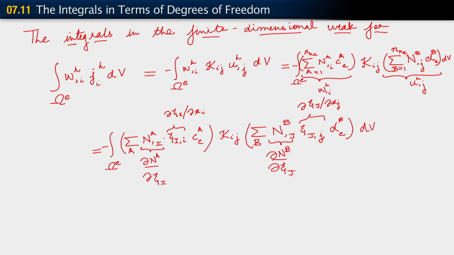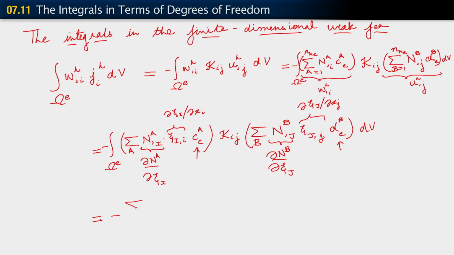Okay. So let's move on, and actually let's make our expression here a little simpler by observing that the degrees of freedom, of course, are independent of position, and therefore they can be pulled out of the integral. Okay? So we'll take the step that we have taken before in the 1D problem. This is equal to minus.